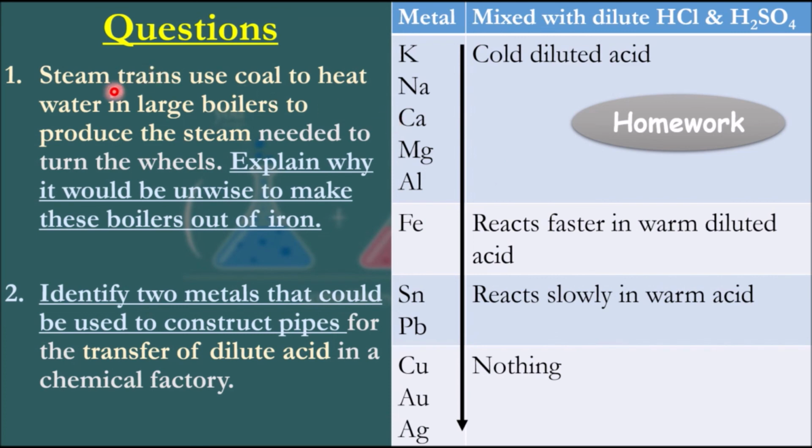Okay, so just a final question. I know I said that before, but this will be the final question of this lesson. We have steam trains that use coal to heat water in large boilers to produce steam needed to turn the wheels. Explain why it would be unwise to make these boilers out of iron. Now, if we have a look, iron is quite reactive to warm water, although it says dilute acid here.